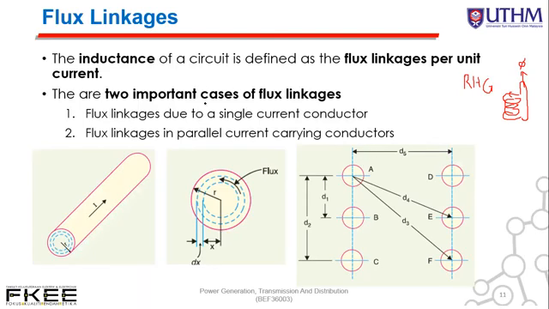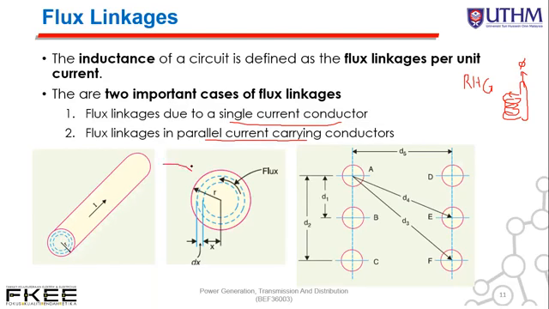So there are two important cases of flux linkage: flux linkage due to a single current conductor, and flux linkage in parallel current carrying conductors. Let's take the case of a single current conductor, this figure, where only one conductor is used. When current flows, flux linkage is generated around the surface of the cross-section of the conductor.